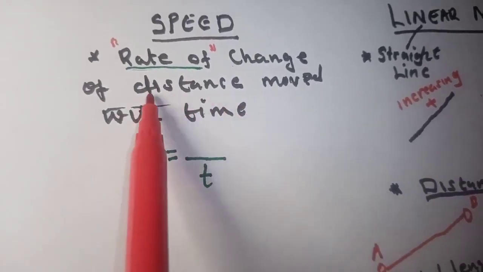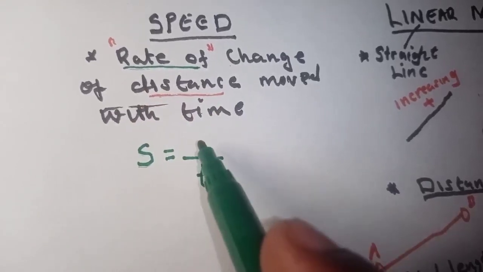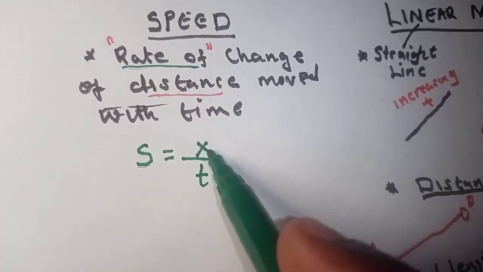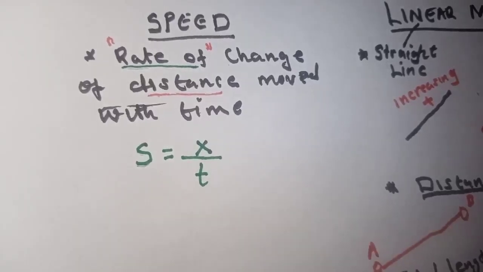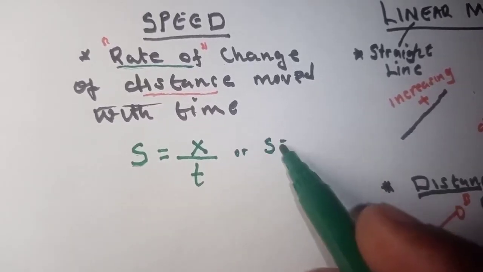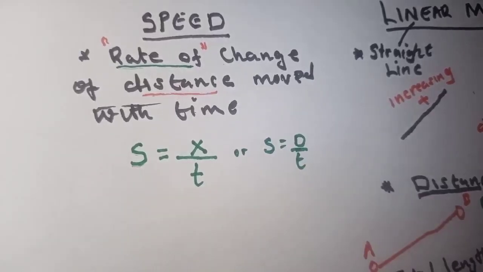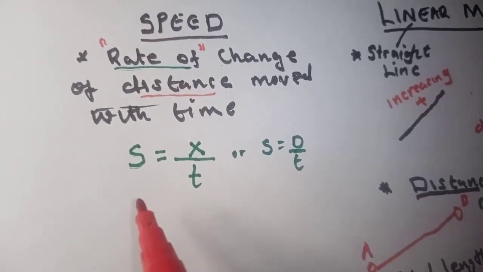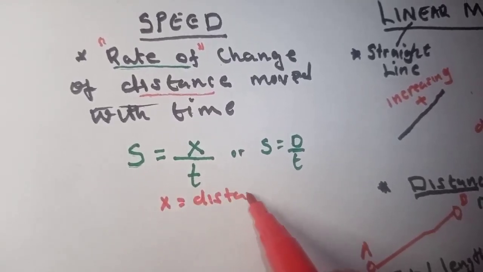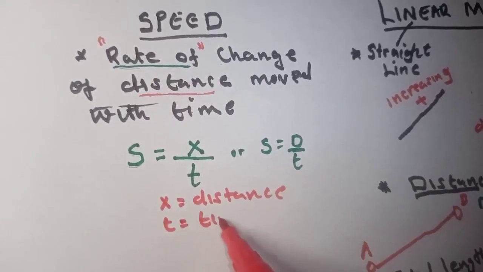Change of distance. So the distance comes here. Distance is denoted by x. Other people will say speed is equal to distance over time, but let's stick to x to represent distance. So x represents distance, t represents time.